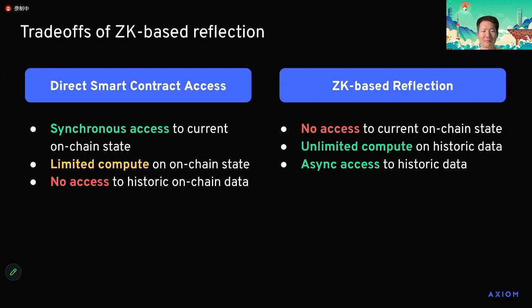It's impossible to access the exact current on-chain state, because you have to target a state and make a proof of it. On the other hand, if you allow yourself to access historic data in an asynchronous way, then you can apply essentially unlimited computations to it and also access a large amount of it. So by relaxing this notion of synchrony, the ZK-based, reflection-based access to data can be scaled up substantially more.